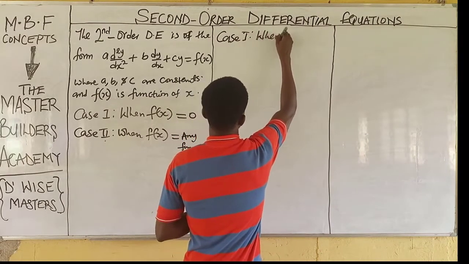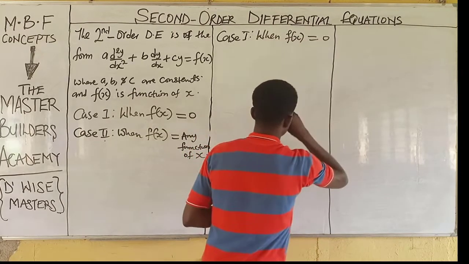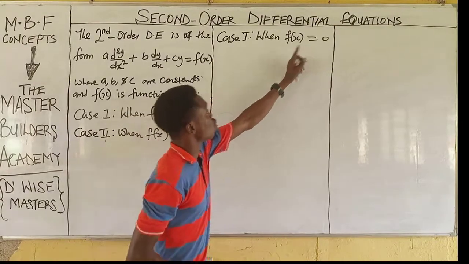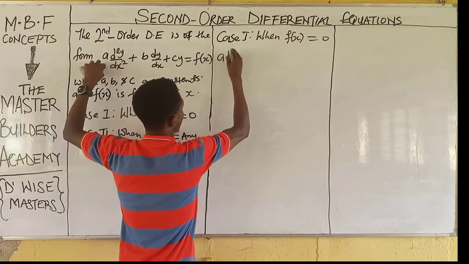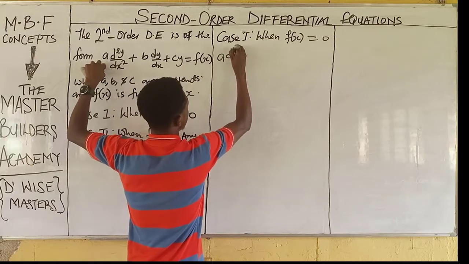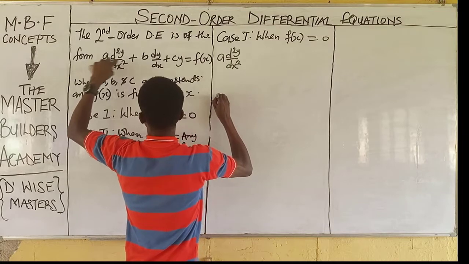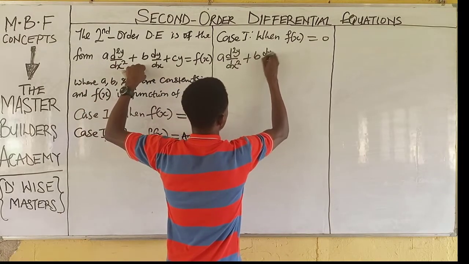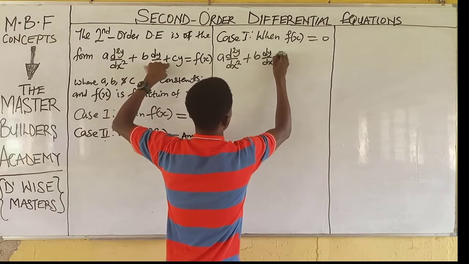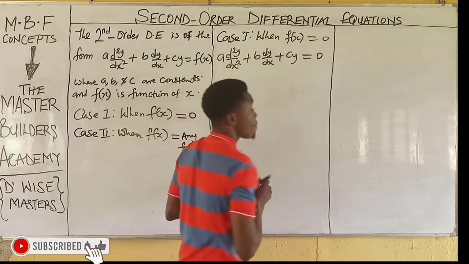When f of x is equal to 0, this equation now becomes d squared y over dx squared plus b dy over dx plus cy is equal to 0.